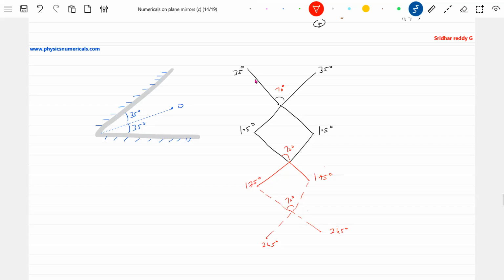Okay, how many images? A very good idea is what I'm going to bring. Please do make observation. Let me share it. What is this 35 with the first mirror? So the image I1 will be here. It will subtend an angle 35.